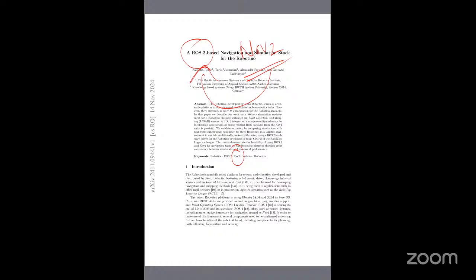This Nav2 package will decide how to reach the destination, how to avoid the obstacle, which path is suitable, where we want to go, and where the correct location is. All this information will be managed by Nav2, the navigation framework of Robot Operating System 2.